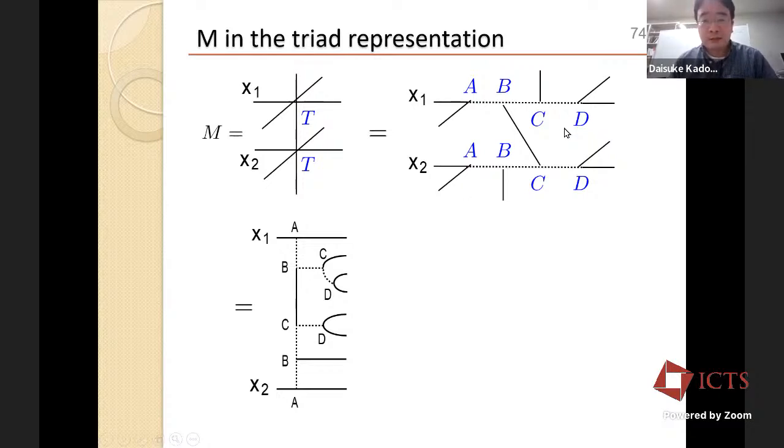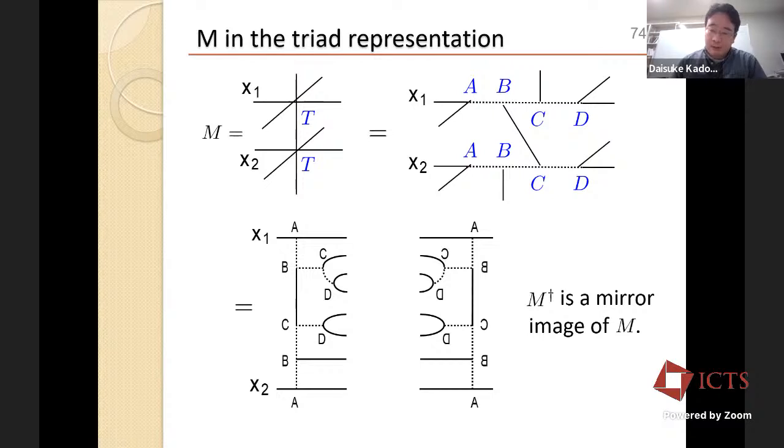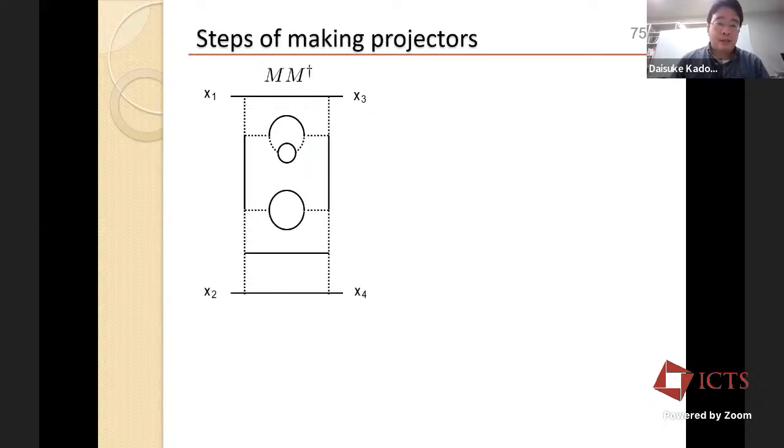And this diagram can be expressed in this form. M dagger is a mirror image of M, so the M dagger, which is used to make a projector, is expressed by this diagram.